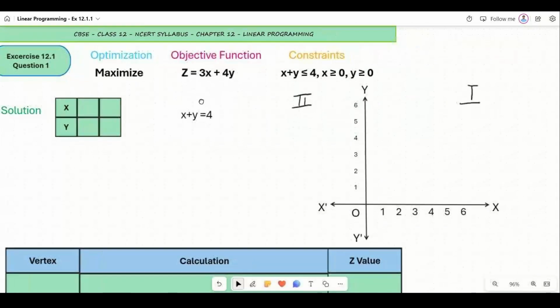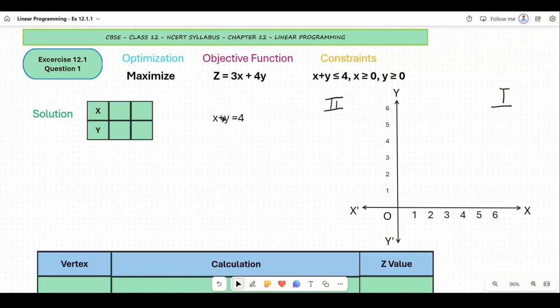What we need to do is put a couple of conditions here. Let's say if x is equal to 0, what happens? Let's apply that in the above formula.